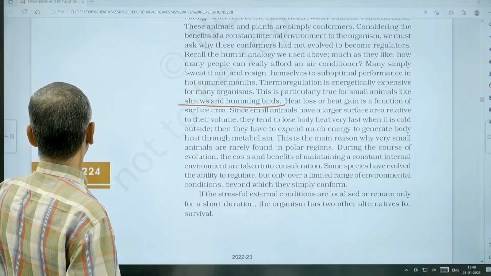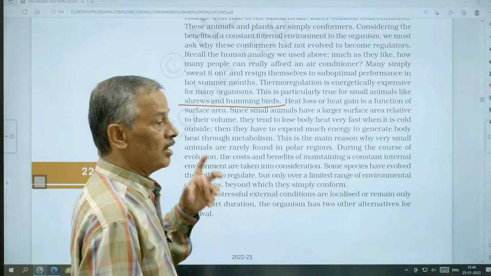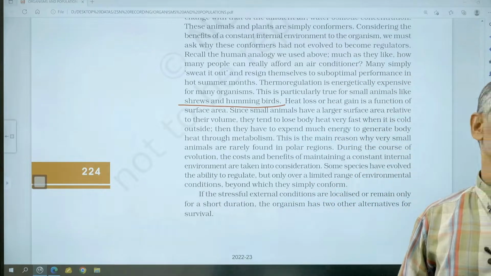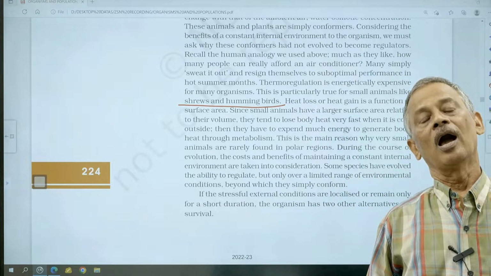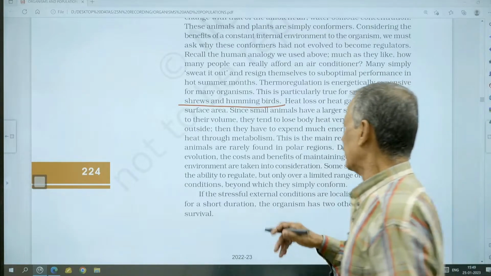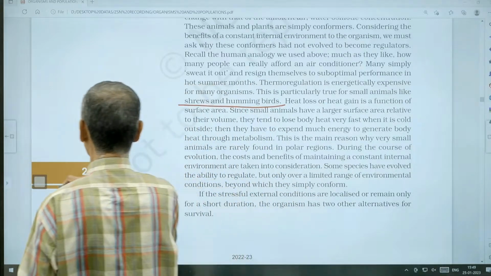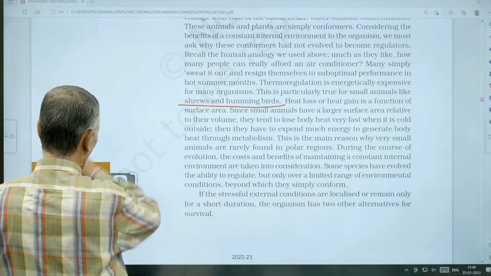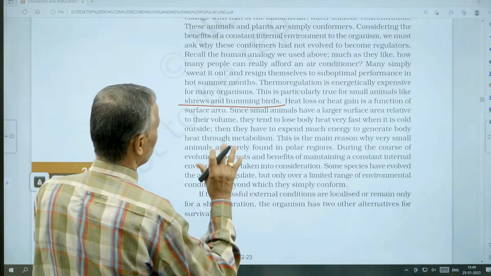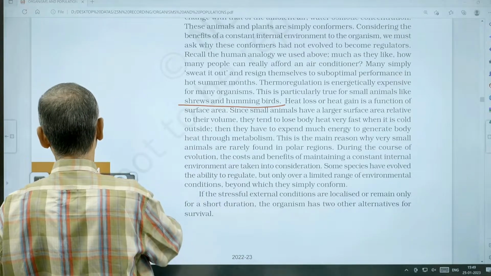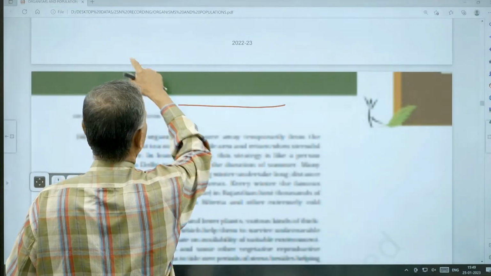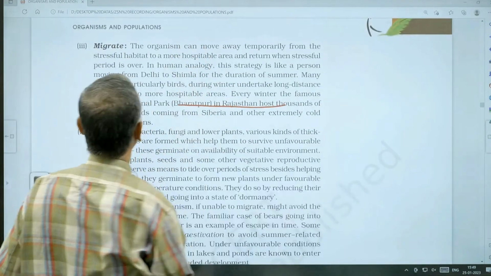So organisms through millions of years of evolution have developed these two strategies, these two techniques, because of the changes in the surroundings. Now, if the stressful external conditions are localized, that is only in a small area or occurring only for a small period of a year, then they will have other techniques to cope with.